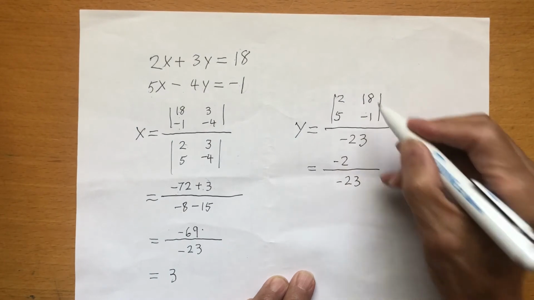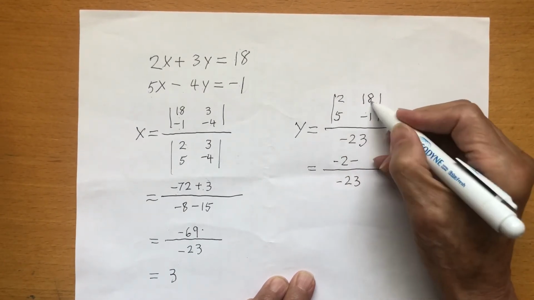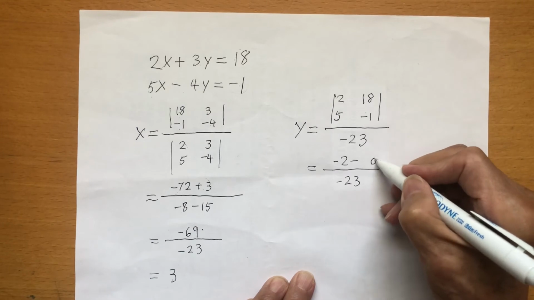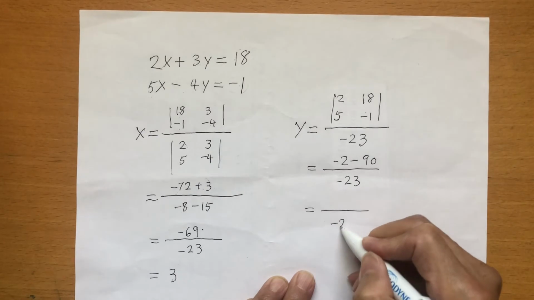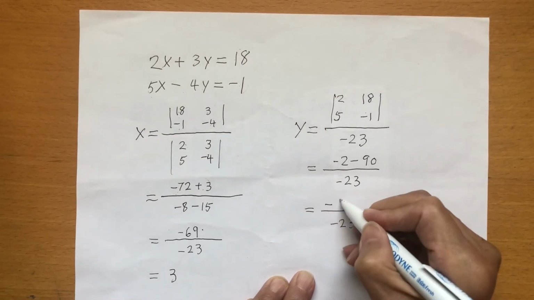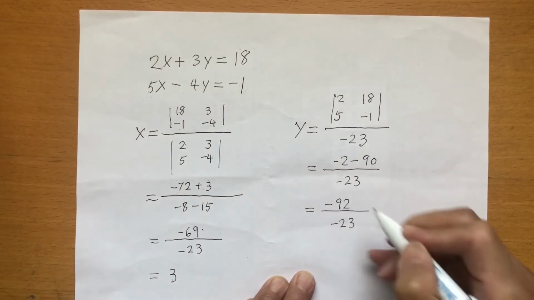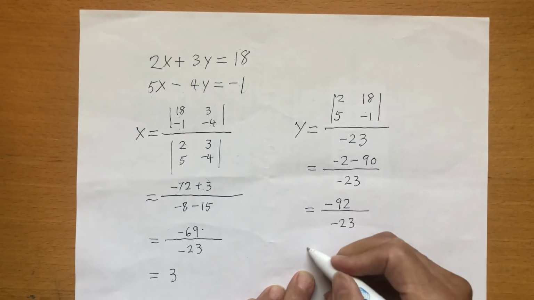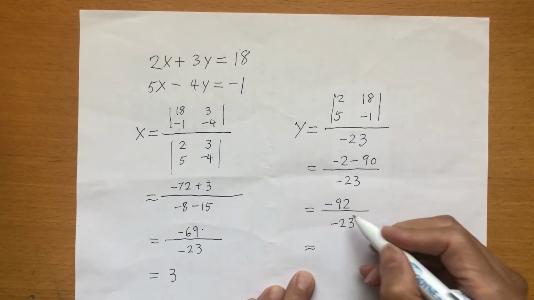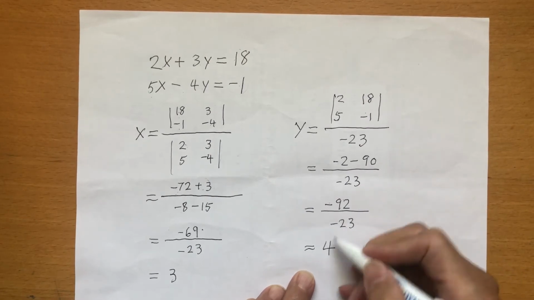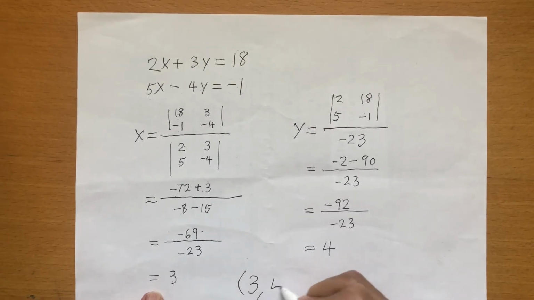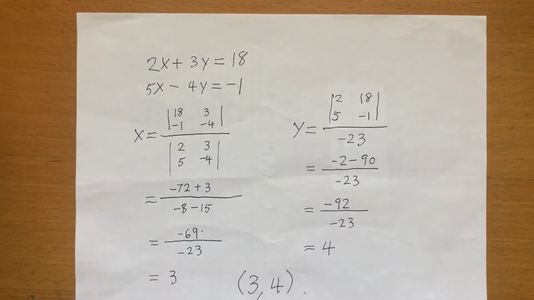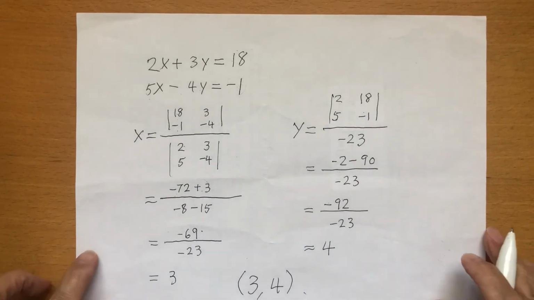Minus this times that. So I have negative 92. What is this? Negative, negative is positive, and this divided by that is 4. So I have 3, 4. That's my answer. See how quickly you get the answer? Just by using the formula.